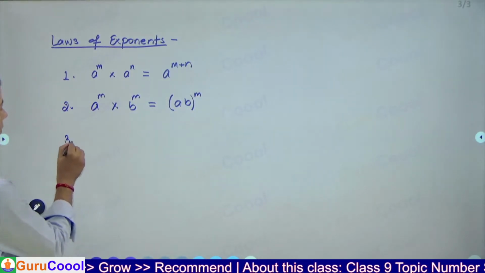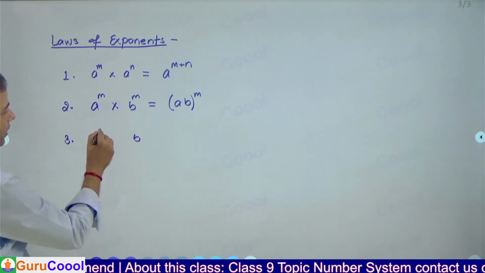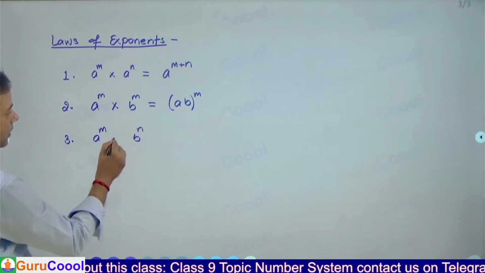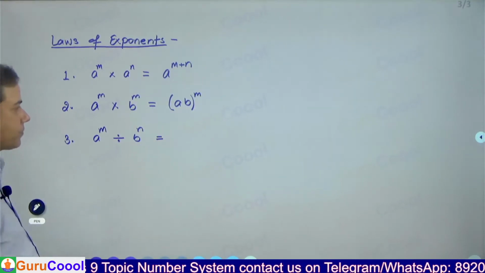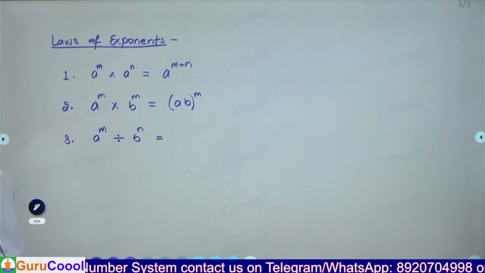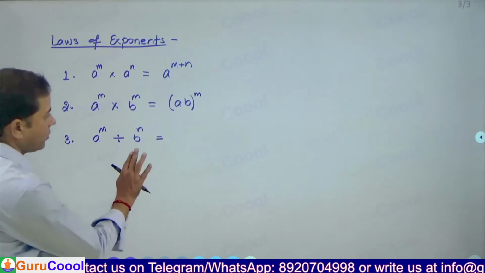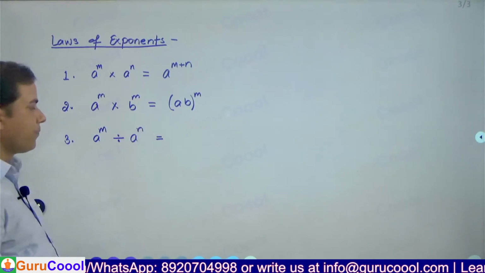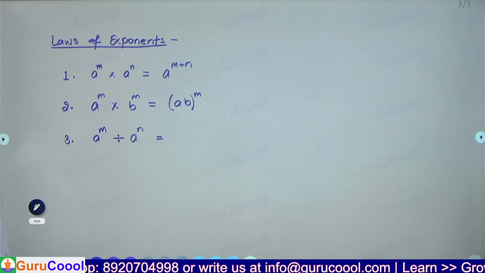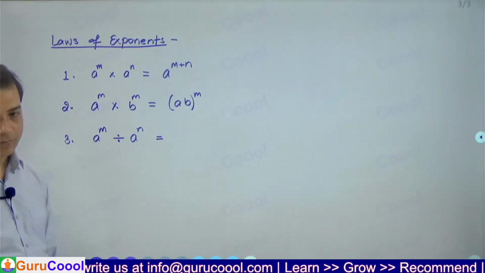Third is you have same bases, different powers, divide sign between them. How do you handle? Will minus... Sorry, let me write the same base like this. The base will remain the same and the exponent will be m minus n.